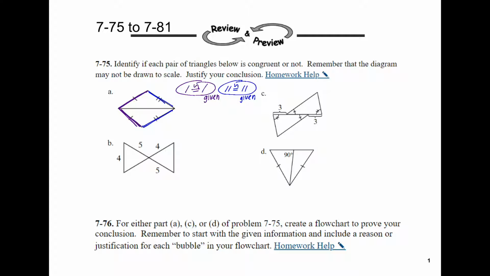Then looking at both of these triangles, the shared side, we say, is congruent based upon the reflexive property. So we can say that side 3 is congruent to side 3 because of the reflexive property.